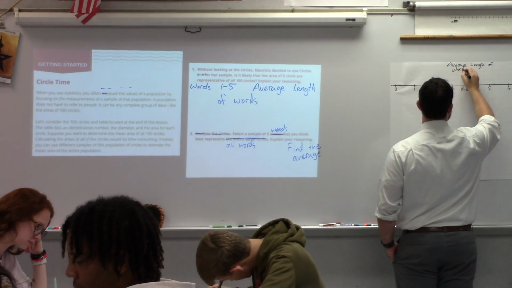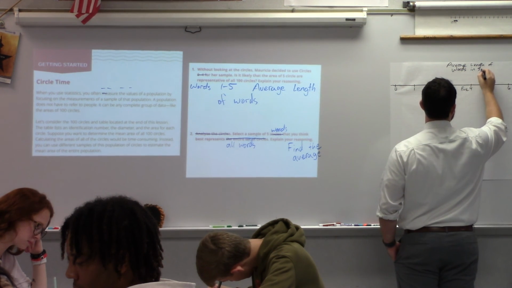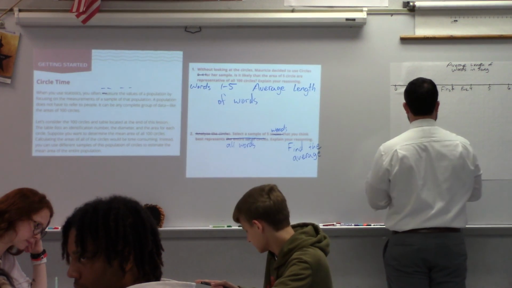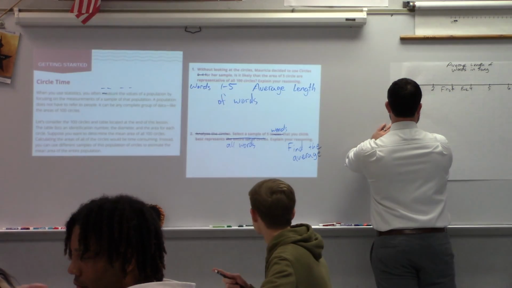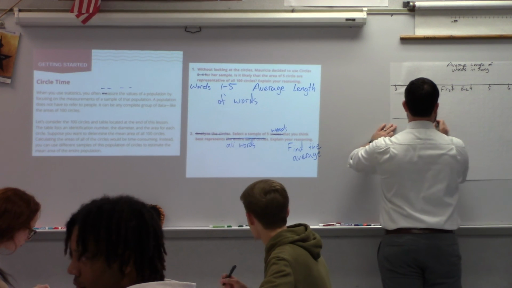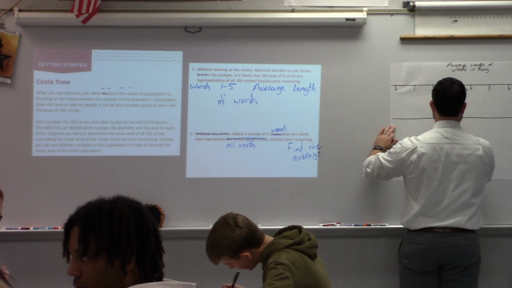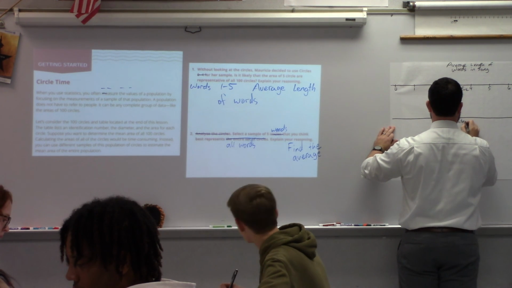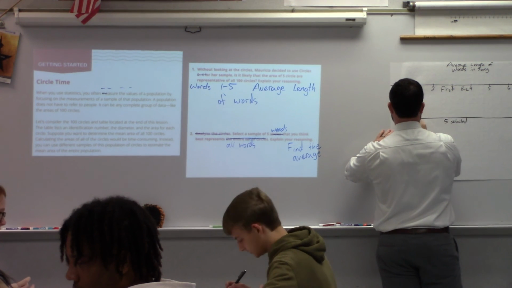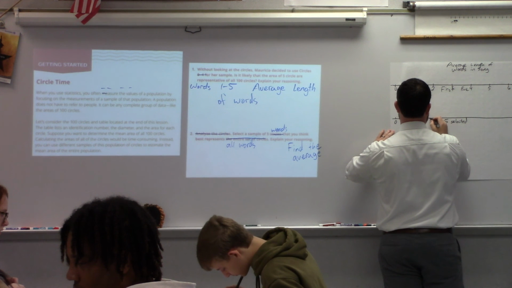Yeah, so the one you just highlighted. So how do you get to the calculation? You have to find the mean. For number 2, you've got to choose 5 words.